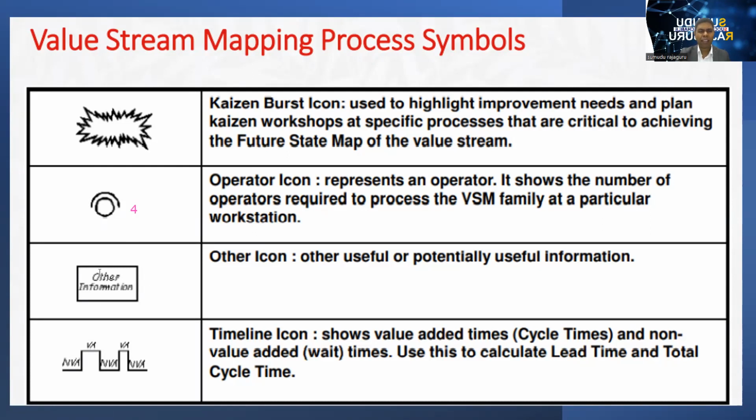This is called the other icon. Other icon means if you want to write any information or instruction, you have to draw a rectangle. Inside the rectangle only you can write anything. I think you can remember when I talked about the production control related icon, it is also the same, a rectangle. Whatever other information you want to share, you can't write anywhere; you have to use the rectangle.